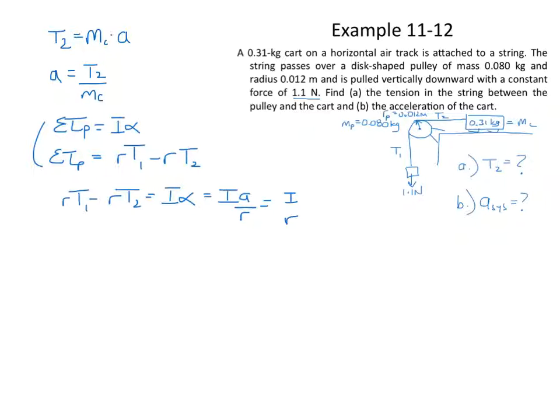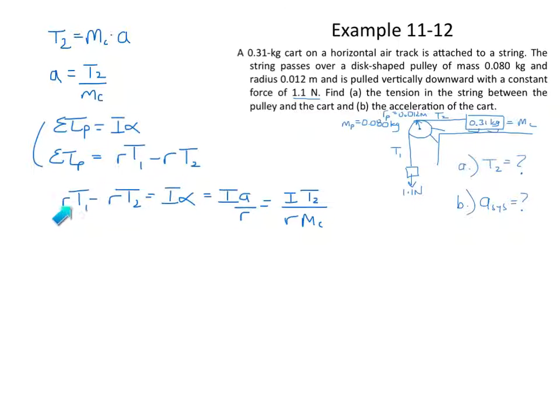By the way, we're going to need to look up our moment of inertia table because this is a disc-shaped pulley. All right, I over R, and what's that A going to turn into? Well, that's going to turn into T2 over mass of the cart, right? So T2 over M sub C right there. That's going to be our working equation. Actually, let's cut out that middle stuff.